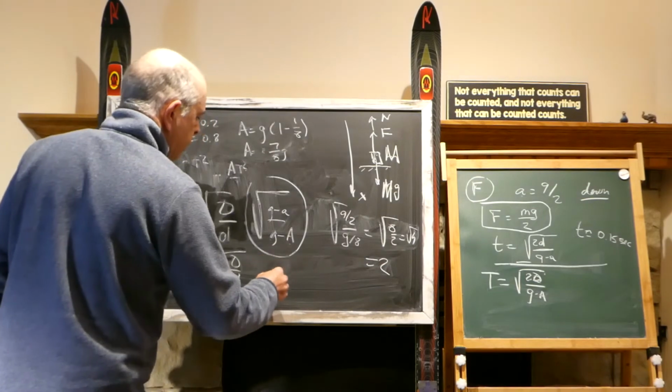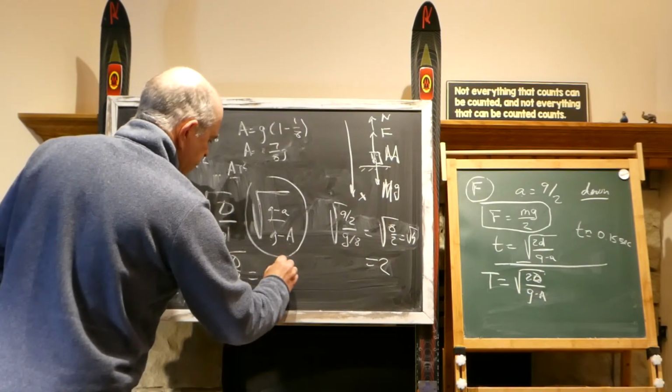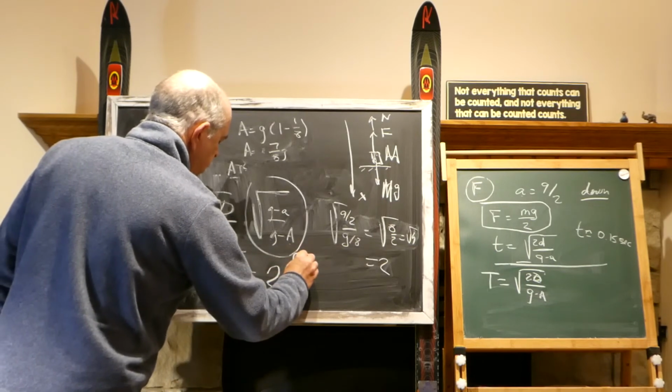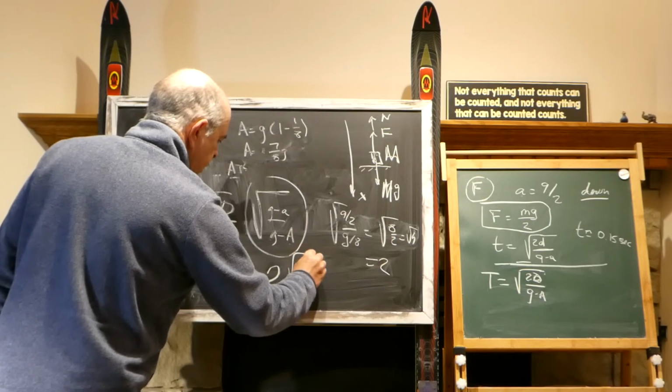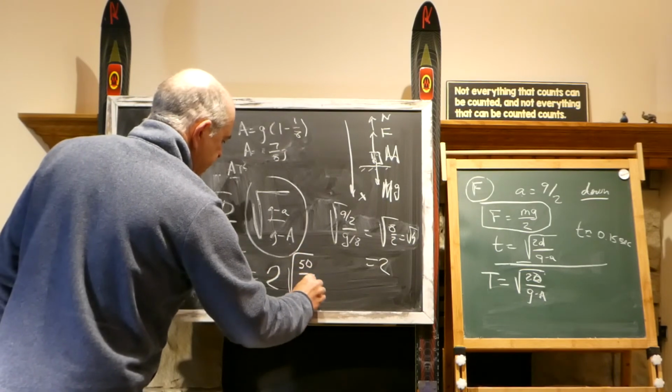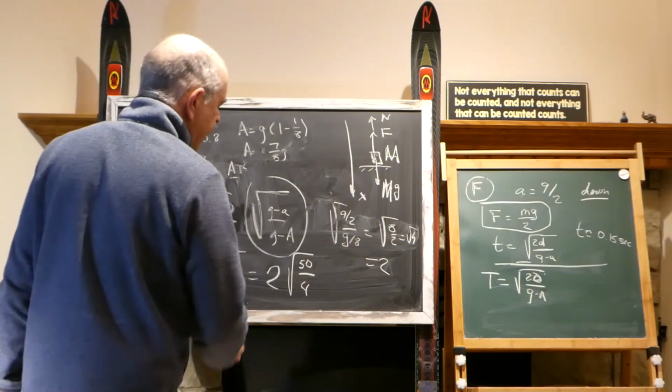So if this would be a square root of d over d, it would be, let's continue, 2 square root, and let's put here 50 centimeters. And here we will put 4 centimeters. To be as before, it doesn't matter.